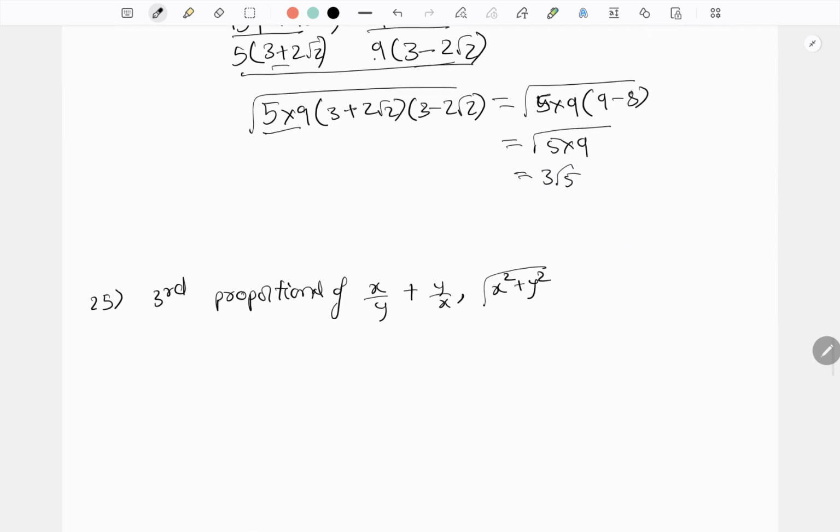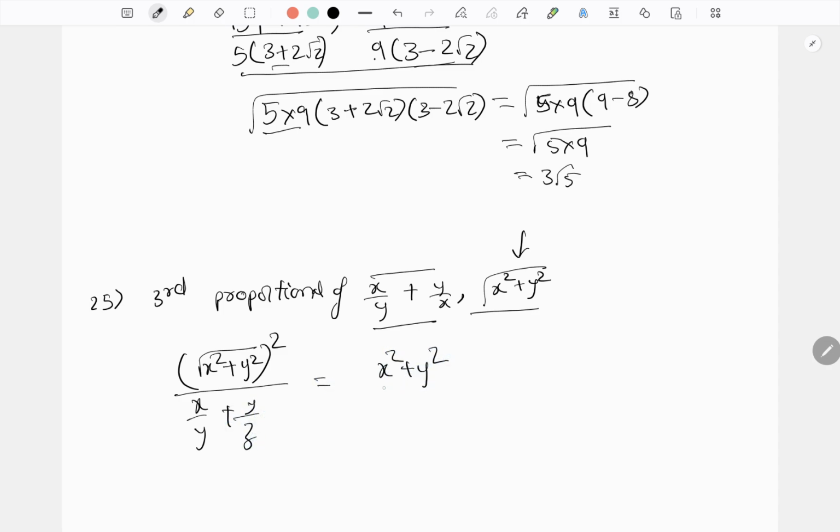Next, third proportion they are asking. You know the third proportion is nothing but square this value and divide by this. Root of x square plus y square whole square by x by y plus y by x, which is equal to x square plus y square by, sorry, what they gave, x by y plus y by x, I wrote it as z.